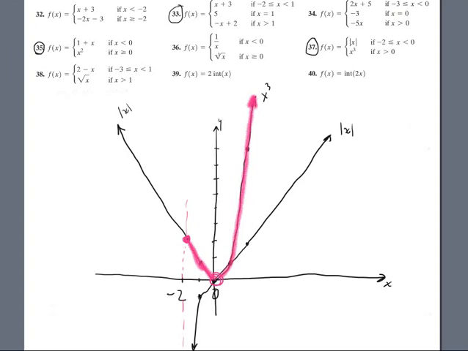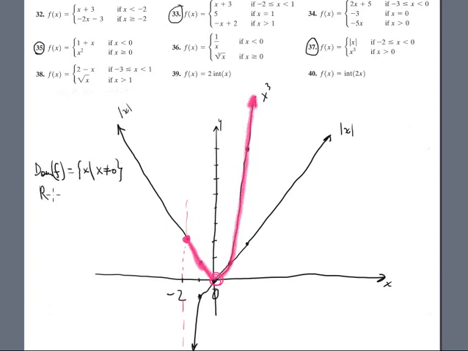Okay, now we talk about the domain. The domain of f is all real numbers except 0, because at 0 we have a hole.